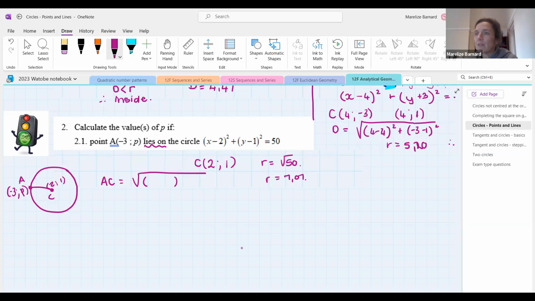So we have an x coordinate and a y coordinate. Remember, we only want one thing that's unknown. When we're solving an equation, we just want one thing that's unknown unless we have a simultaneous equation. So the other thing that we do know is what the distance of AC must be. It must be the square root of 50.